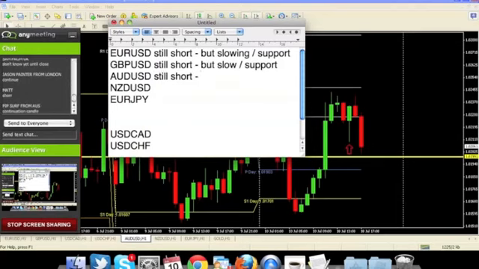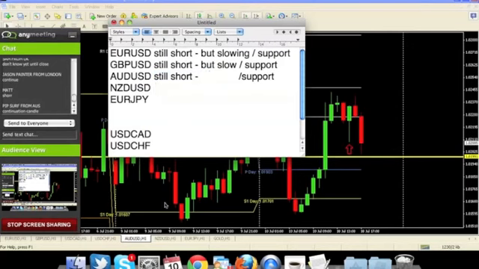No indication of slowing down, because take a look. Look at the tail on the bottom. It's not that big compared to the tail on top. I mean, it's okay, but it's not strong like the others. So we have still short and support. Okay, so chances of Aussie dollar continuing short is still high.